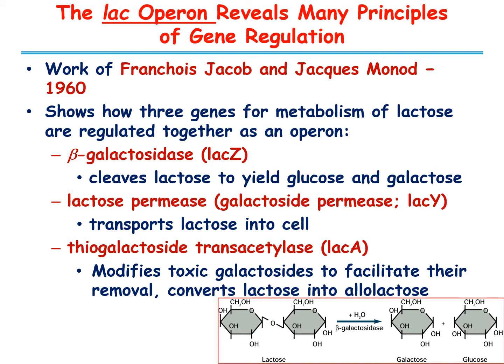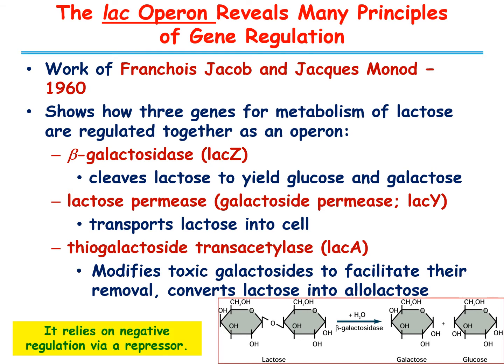Lactose in itself is that cellular signal, and it is in the form of its isomeric form, allolactose, that it acts as the cellular signal. So there must be a method to convert lactose into allolactose so that the negative regulation of the lac operon can be removed. So LacA does that work.